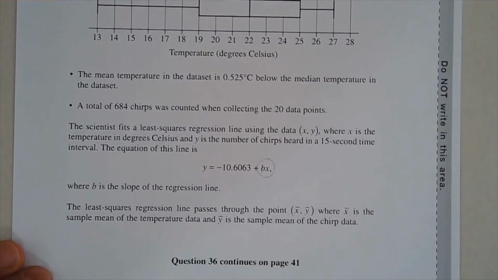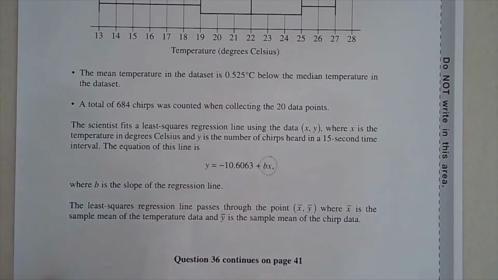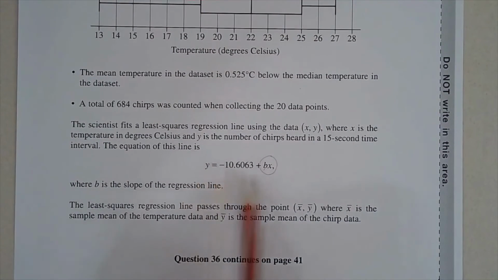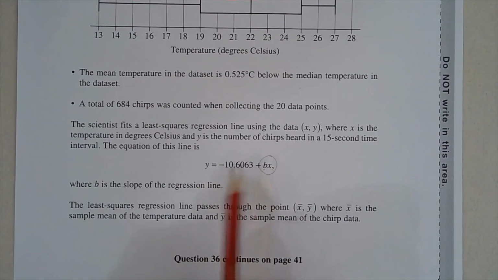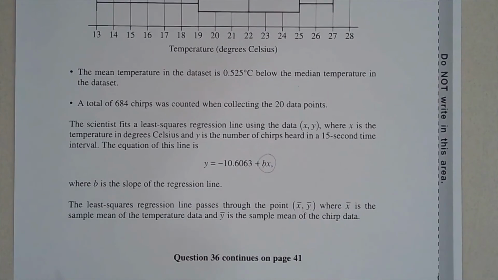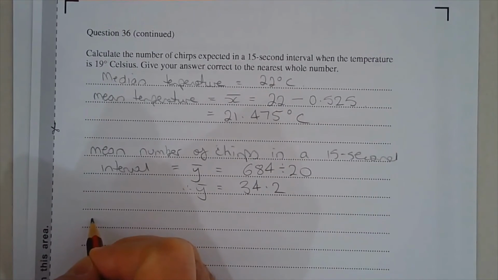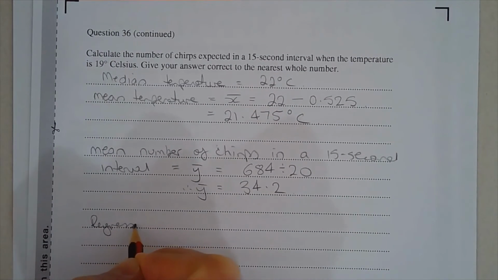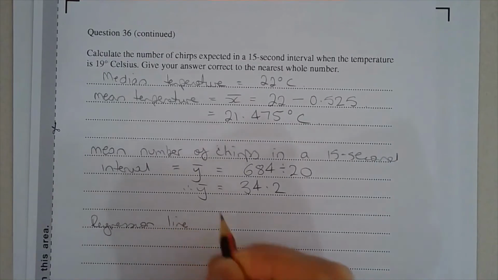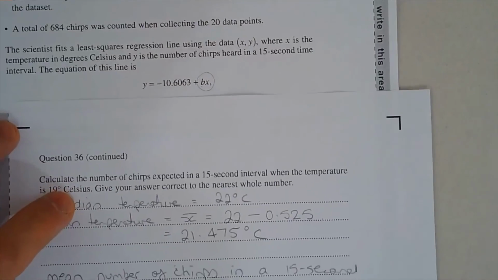Now, let's go to the equation of the regression line. We're told that the regression line passes through the point x bar, y bar. I'll just write the equation again, it makes it easier.